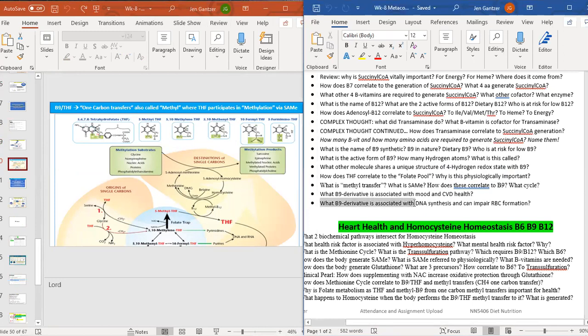What B9 derivative is associated with DNA synthesis and can impair RBC formation? That might just be an exam question. That sounds like a really good exam question. And we're going to learn that in detail going down here.